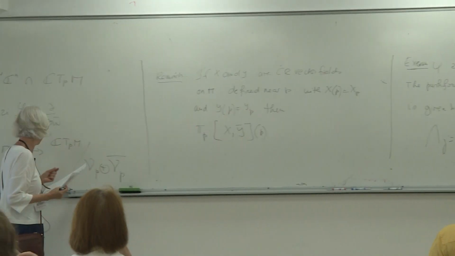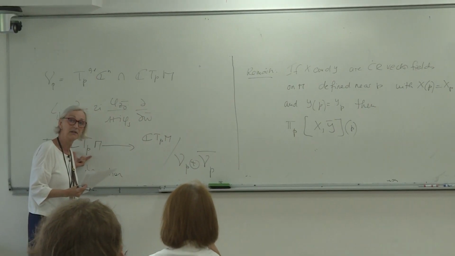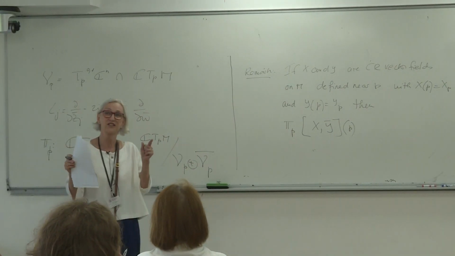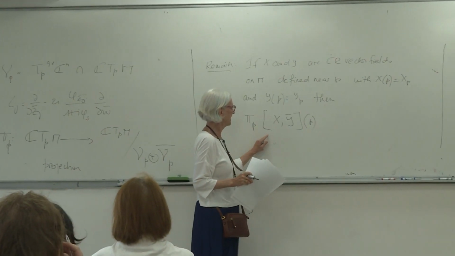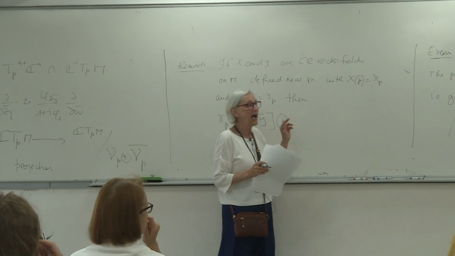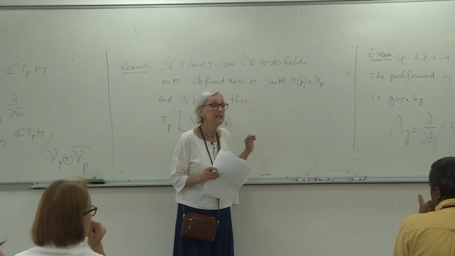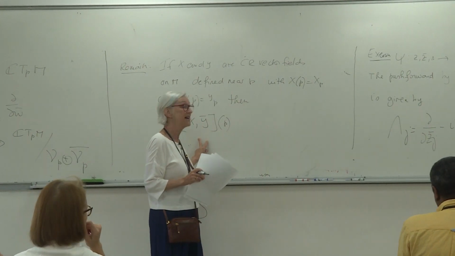The bracket is still in CTPM. If you have two vector fields, the bracket is still there, okay? It's a Lie bracket.